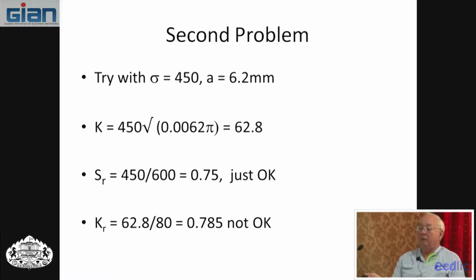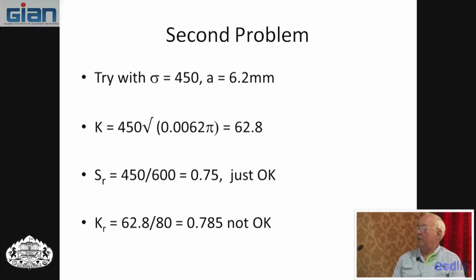Now, in order to expand your knowledge a little bit, I changed the stress and the crack size. So we do a new problem. So a stress of 450 instead of 350, doubled the crack size, and then get a K of 62.8.